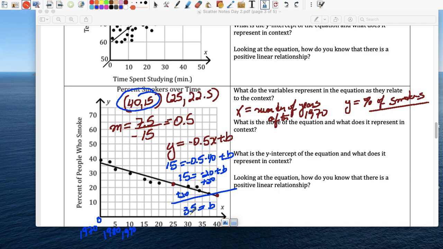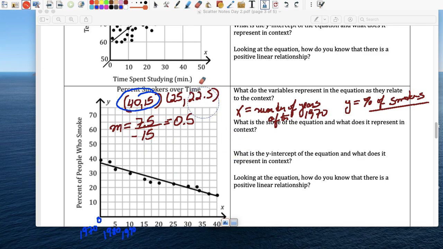That was just to confirm that the y-intercept we got through our point was 35, but the y-intercept they gave us is 37.5, so we're actually going to use the one they gave us. But it's nice to know that we were pretty close. So our full equation is y equals negative 0.5x plus 37.5.